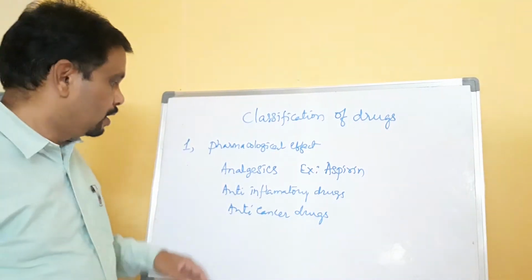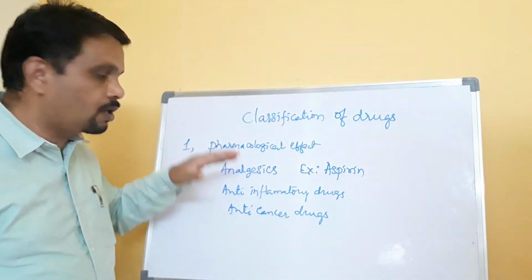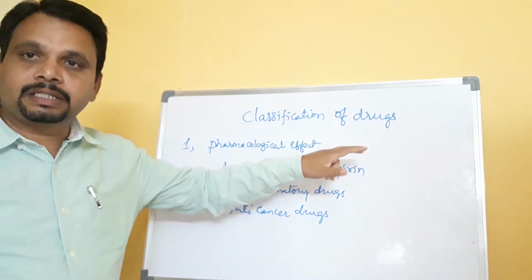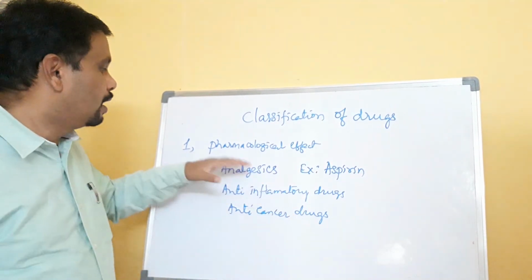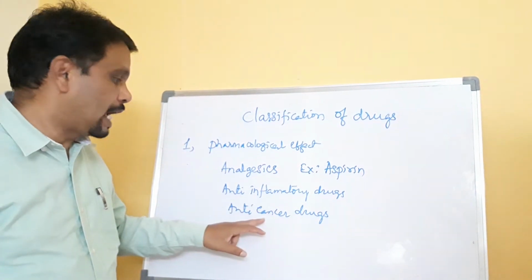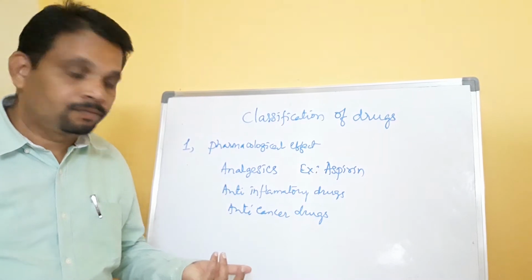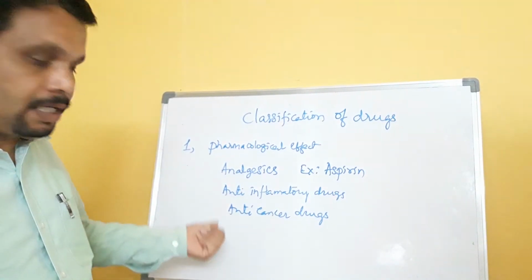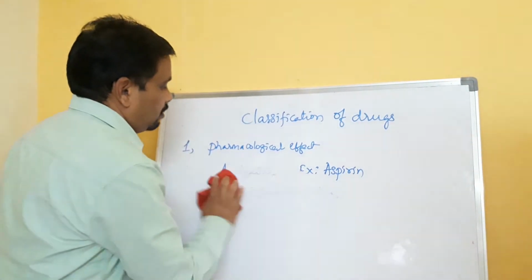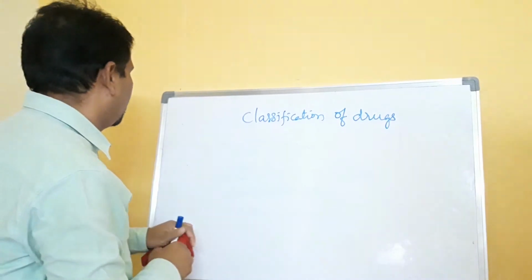So based on pharmacological effect, we can classify drugs into categories like analgesics, anti-inflammatory drugs, anti-cancer drugs, anti-HIV drugs, etc. This is the way we classify drugs on the basis of pharmacological effect.